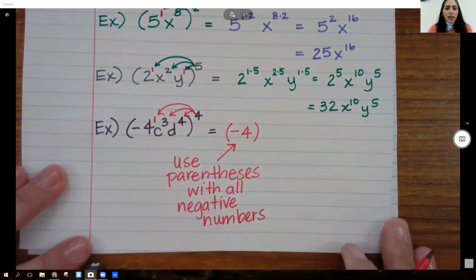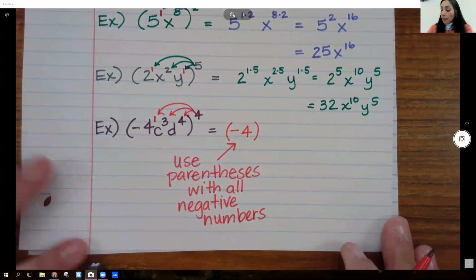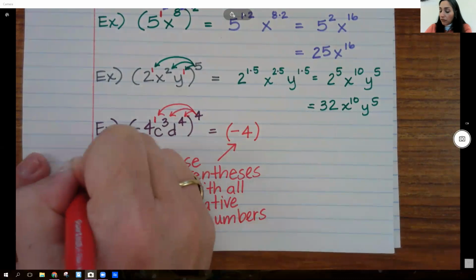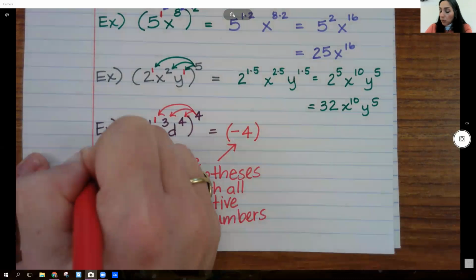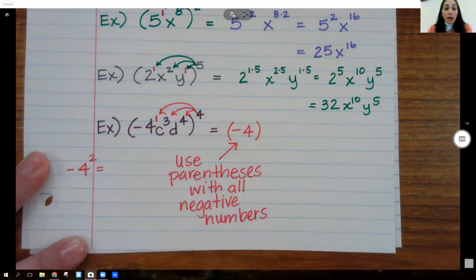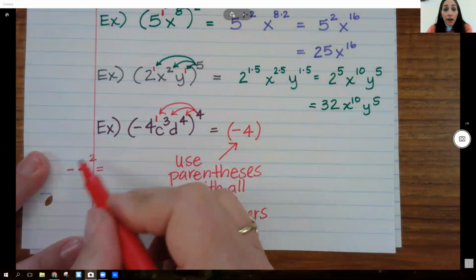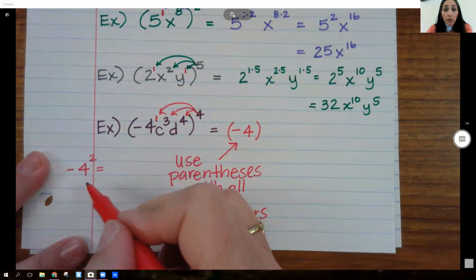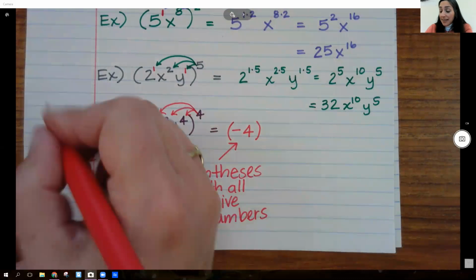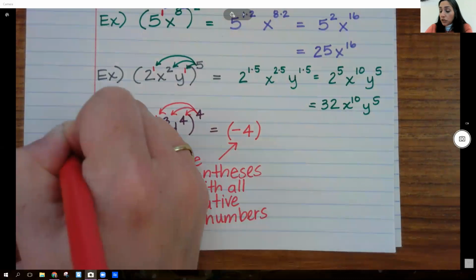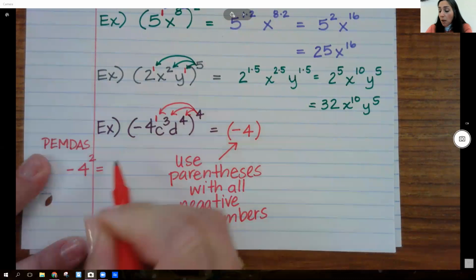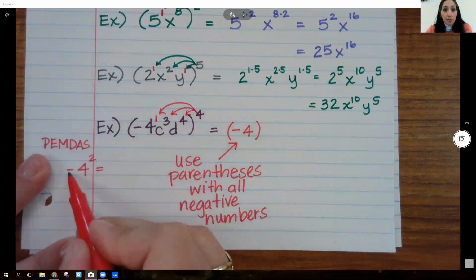It's sort of like if I were to type -4 squared like that into a calculator, your calculator actually knows how to do order of operations. And so PEMDAS says that you should do exponents before you multiply. Like this negative here is like saying times -1.